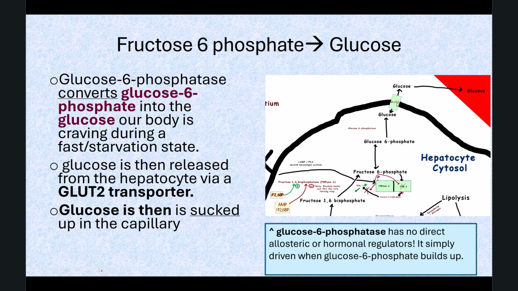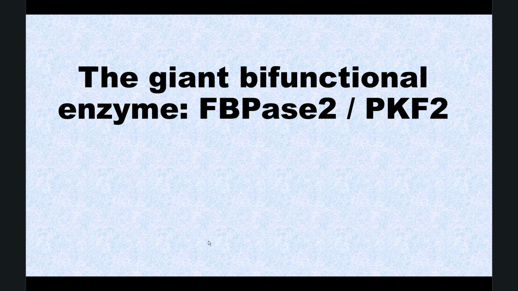It's a two-way transporter, so glucose goes right on out. It gets sucked up into the blood, and then glucose goes to every nook and cranny of the body. So that was gluconeogenesis. There's your review. Hopefully those enzymes are familiar. Hopefully you didn't skate through that class and not remember this stuff, because you're going to have trouble if you didn't.